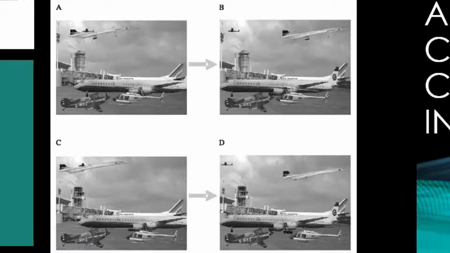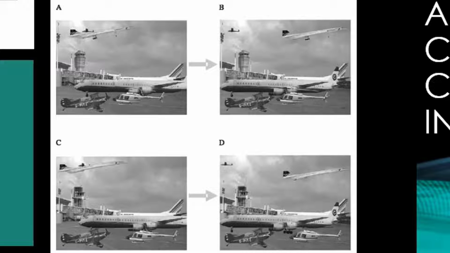The Americans were better, not a lot, but a bit better than the Japanese in that. The Japanese, in contrast, were much better at noticing changes around the outside. So the Japanese were better at paying more attention to the context.